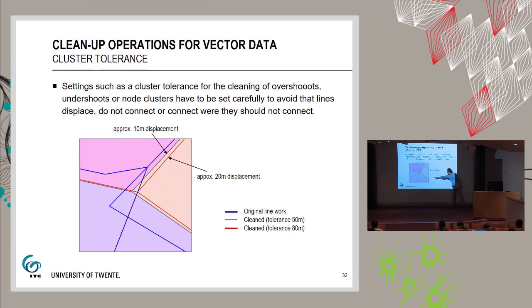The gray lines, there I cleaned this polygon with 50 meters tolerance. And with the red line, I cleaned it with 80 meters tolerance. Do you notice the displacement of your lines? With 50 meters, it is displaced, but not so much. You see these gray lines. With 80 meters, the red line, it's already quite a big displacement.